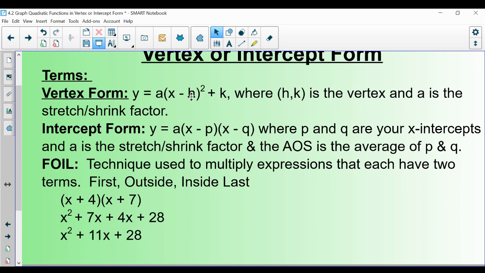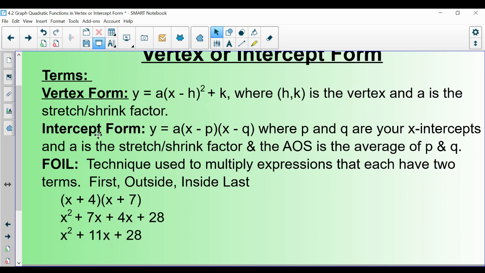H is going to be your horizontal shift, and it'll happen the opposite way that you think it would. And A is going to be the stretch or the shrink factor, which indicates how steep the function is. If there's a negative sign, it's going to be upside down, and if A is positive, it'll be a normal U-shaped graph. So vertex form is going to look like what absolute value functions look like.